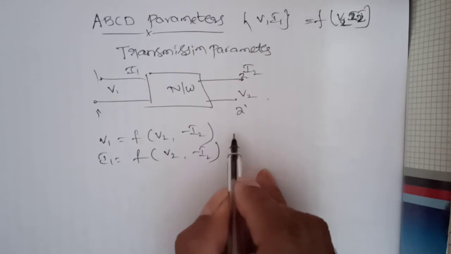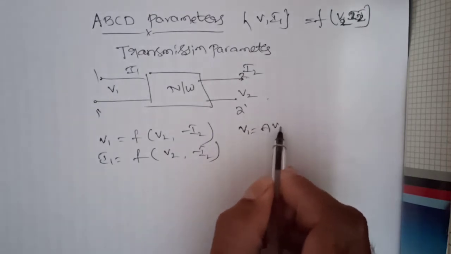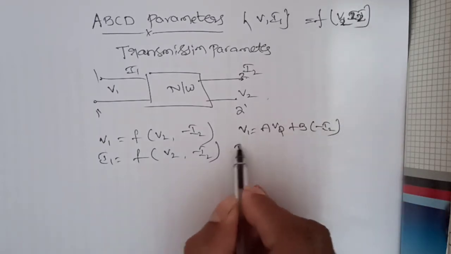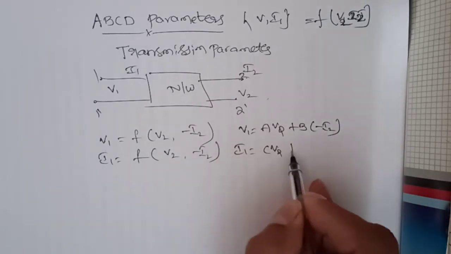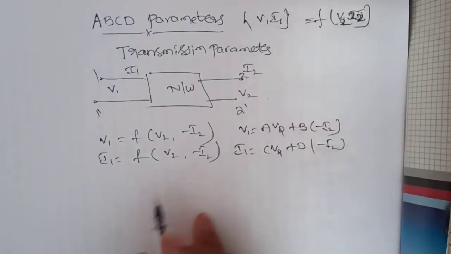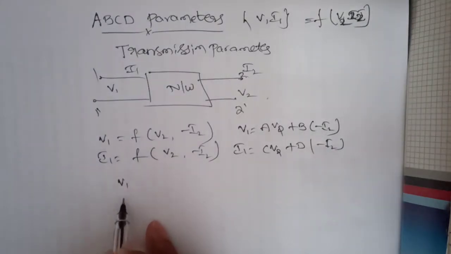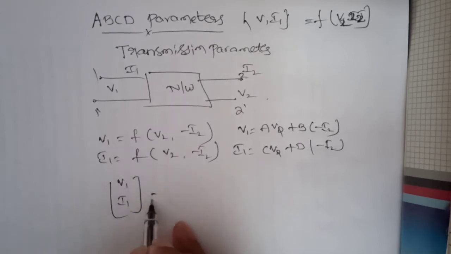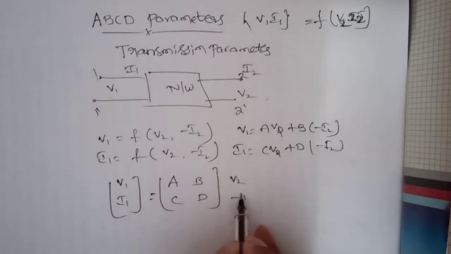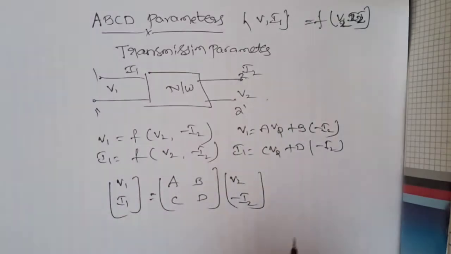So now if you write the mathematical equations, V1 is equal to A V2 plus B into minus I2. I1 is equal to C V2 plus D into minus I2. Now in matrix notation, [V1; I1] is equal to [A, B; C, D] times [V2; minus I2].